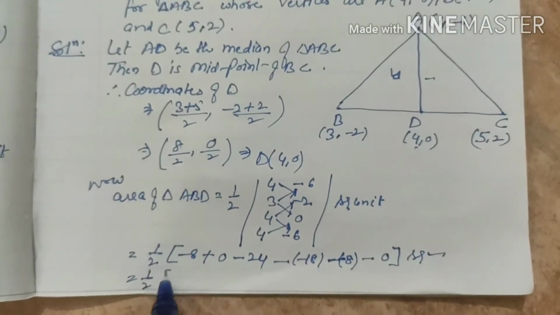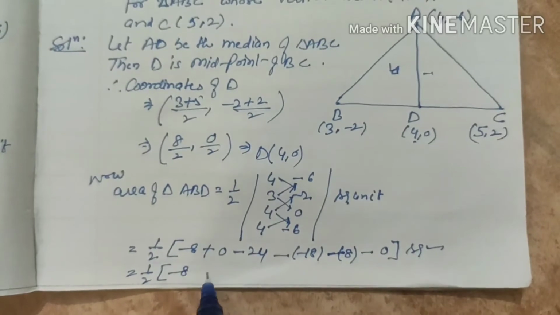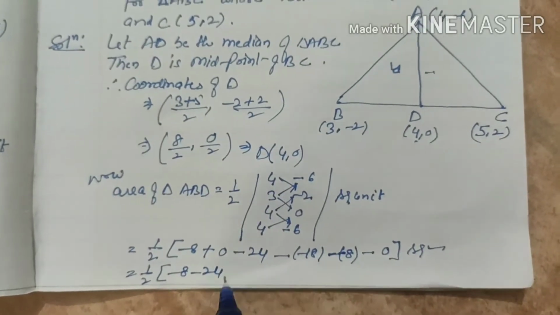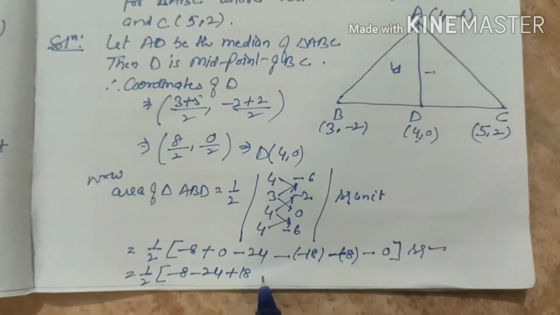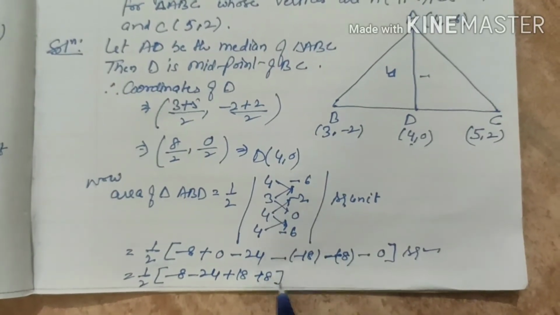So this will be 1 by 2 into (-8 -24 +18 +8) square unit.